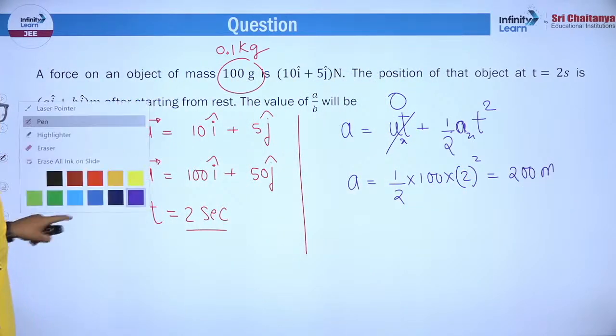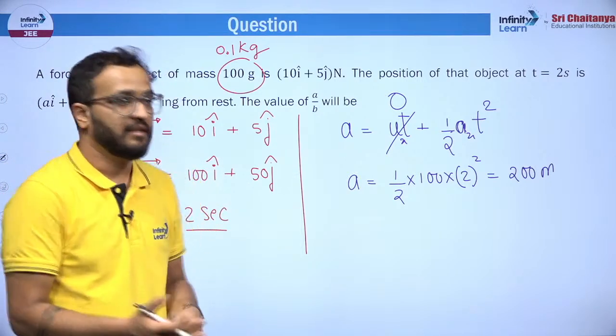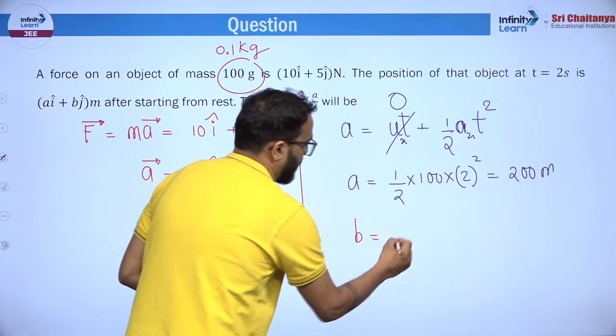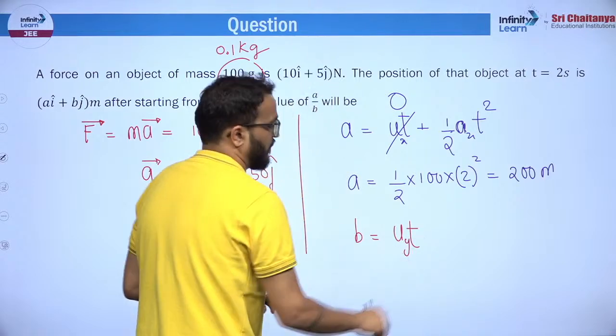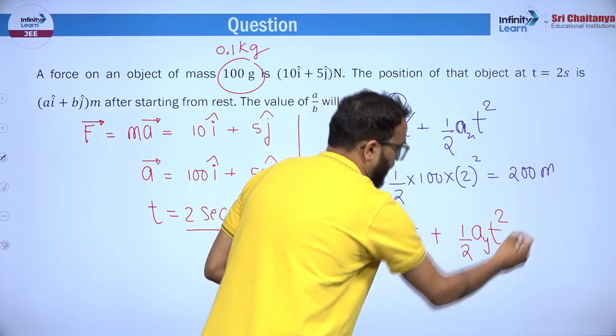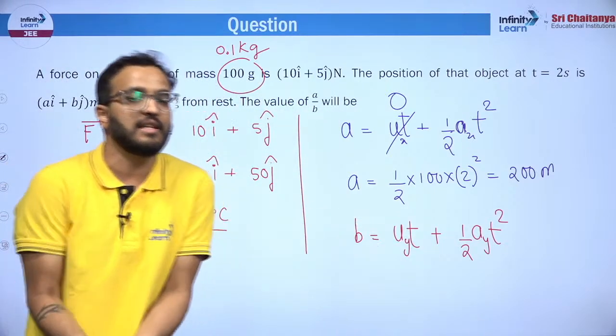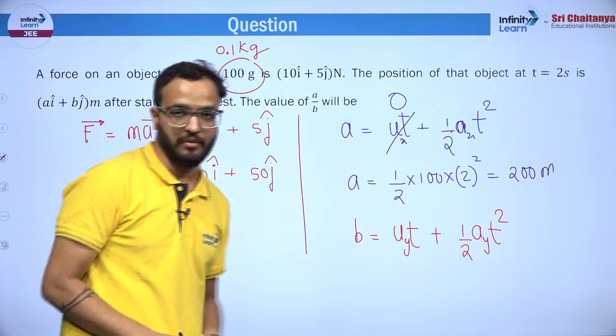Same thing we'll do for b also. B is the displacement along y axis, right? So b will be, again you will say u_y, y component of initial velocity into t plus half into y component of acceleration into time square. And since acceleration is constant, that's why we are able to use the Newton's equation, otherwise we couldn't have used this equation, right?